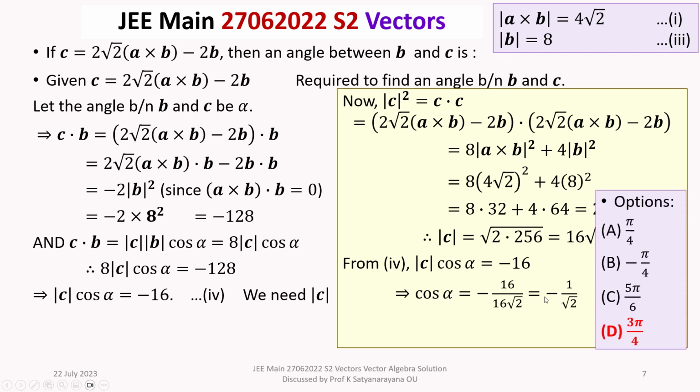So cos alpha is minus 1 by root 2 only for alpha equal to 3 pi by 4, but not for any of the other angles. From the options, alpha will be 3 pi by 4. So the answer is option D.